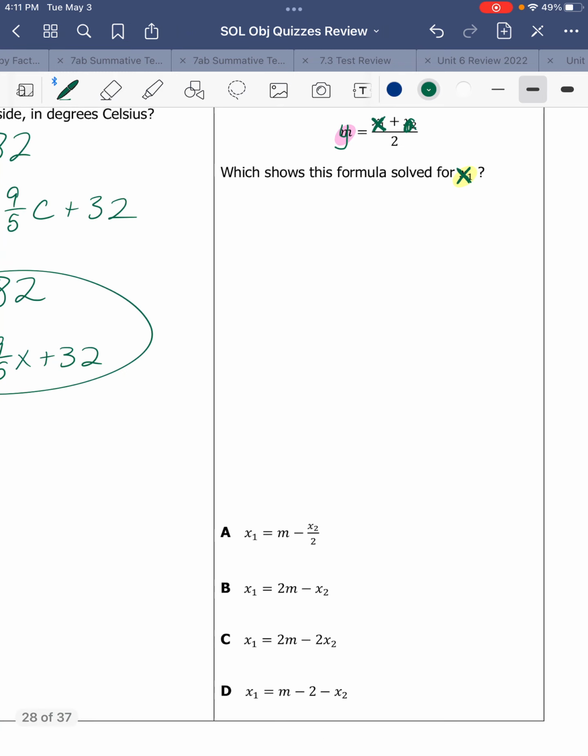So down on my answer choices, any X sub 1 is going to be X. The M got changed to Y. The X sub 2, I'm going to change it to any other letter.